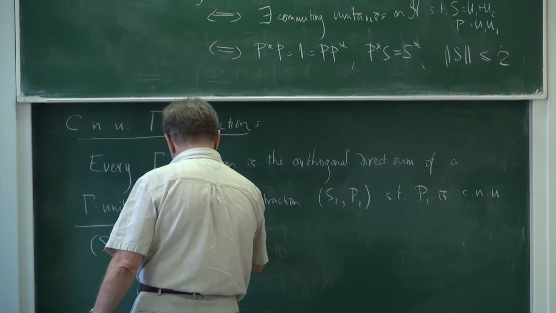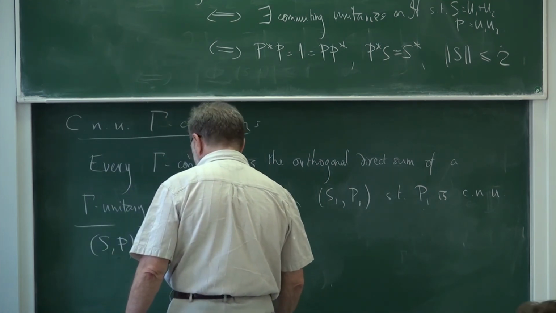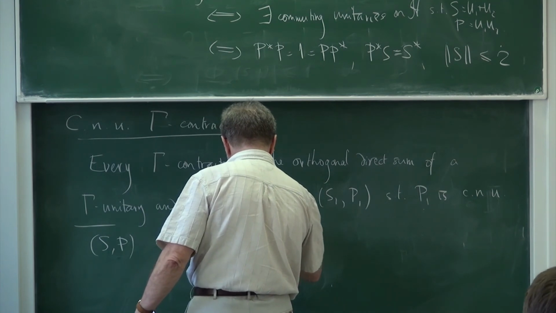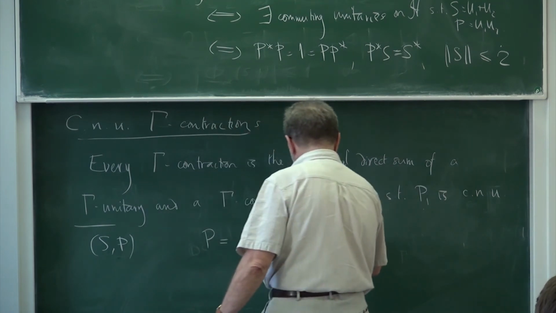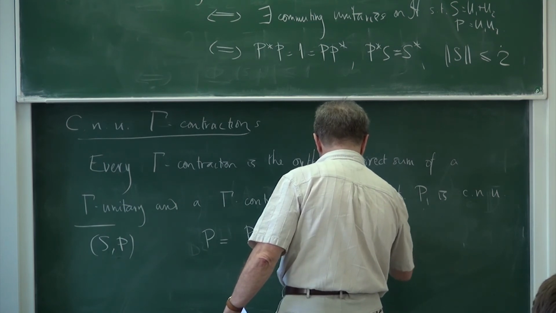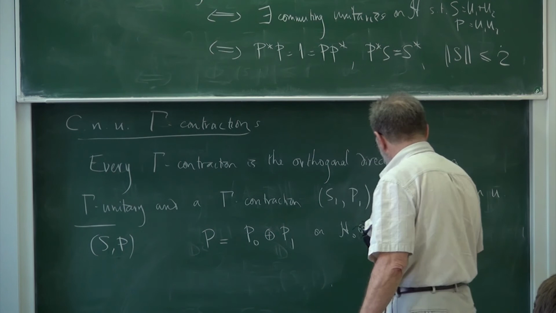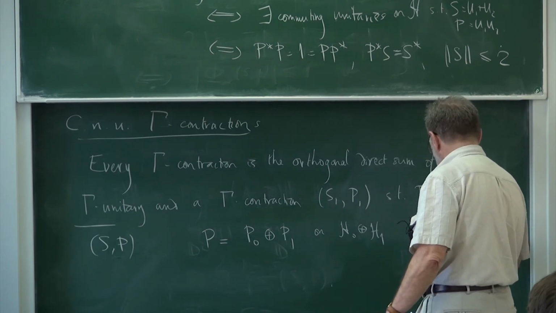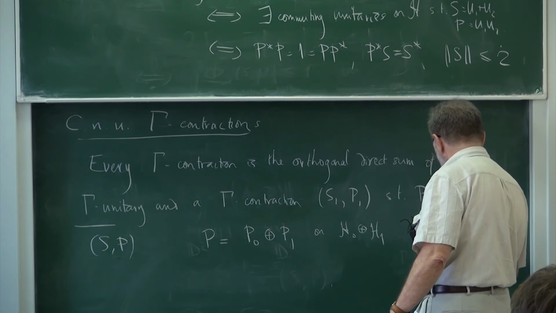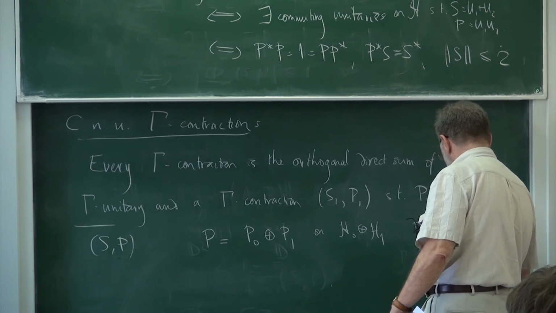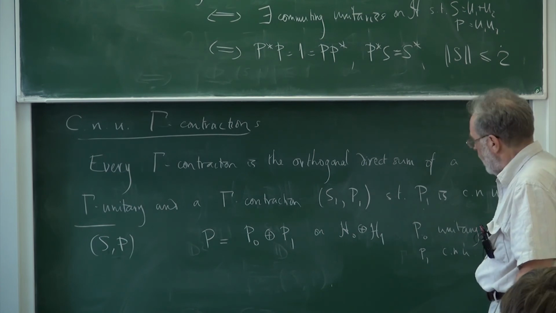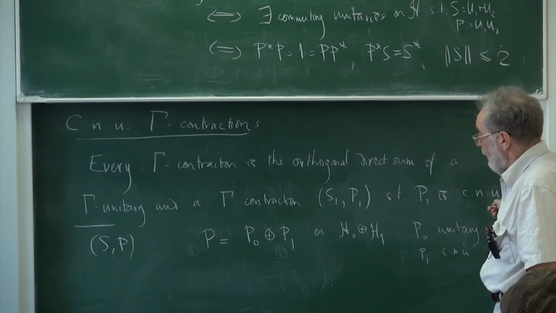So P is going to be, let's say, P0 orthogonal direct sum P1 on H0 direct sum H1, where P0 is unitary and P1 is completely non-unitary by the theory of contractions.